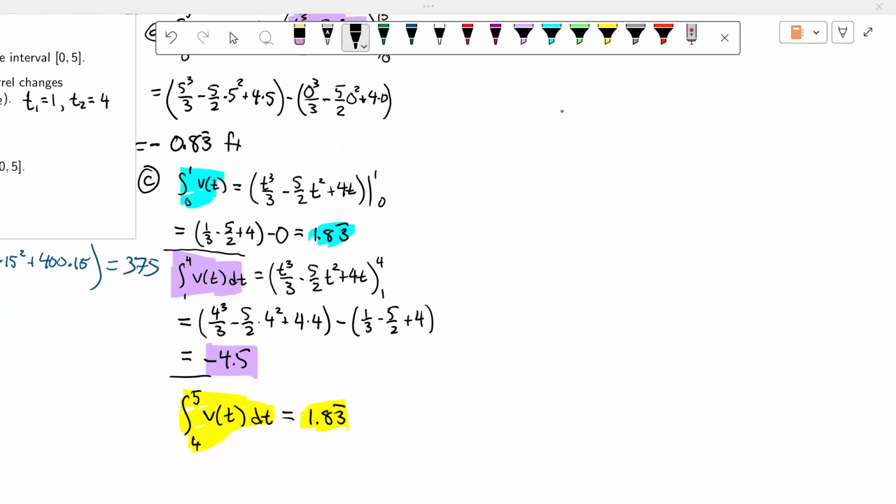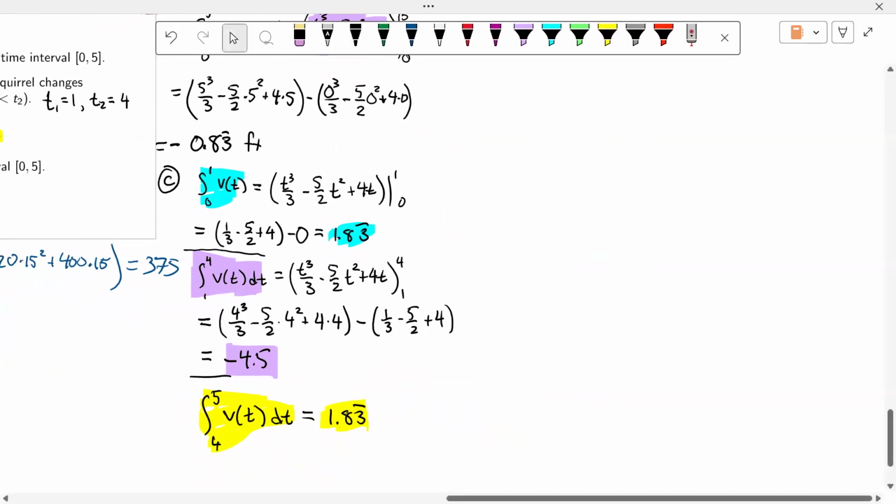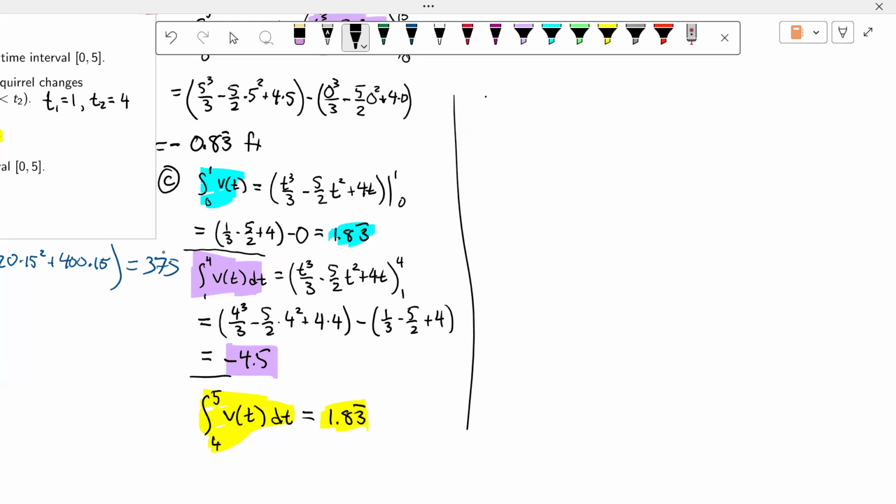Yes. What we're going to do is say, all right, we did these integrals where we knew the squirrel changed direction. And so if we want the distance traveled, we're going to take the absolute value of 1.83 repeating plus the absolute value of -4.5 plus the absolute value of 1.83 repeating.